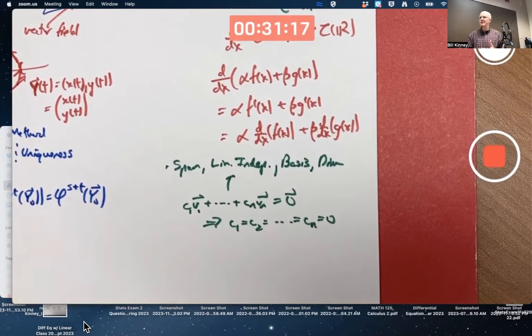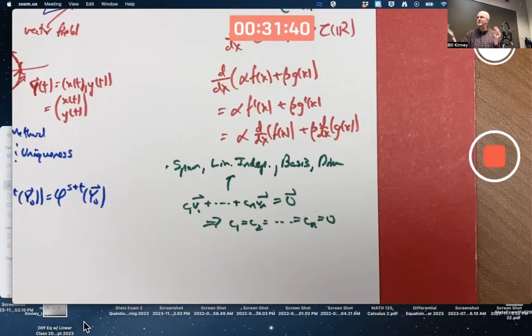Easiest to think about linear independence if you've got just one or two vectors. One vector by itself is a linearly independent set if it's not the zero vector. Done. The zero vector by itself is linearly dependent. Two non-zero vectors are linearly independent if and only if they're not scalar multiples of each other. If they are scalar multiples, then they're linearly dependent.